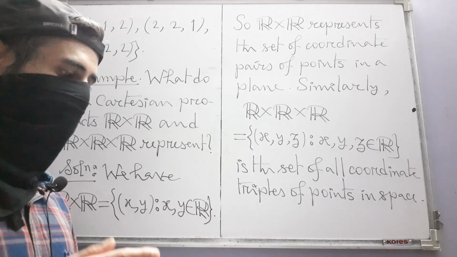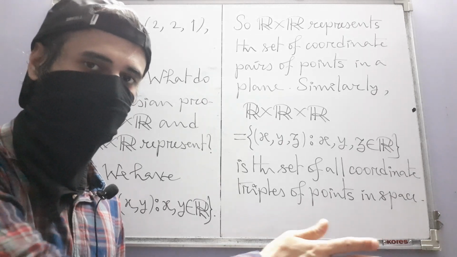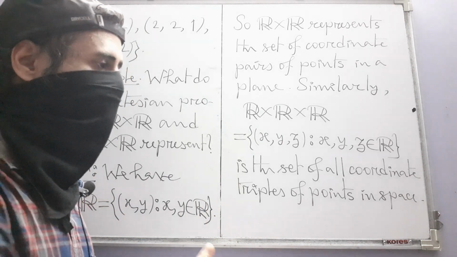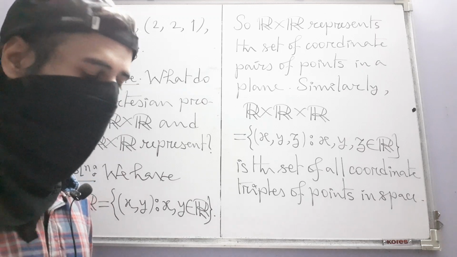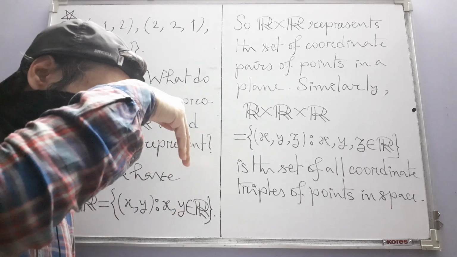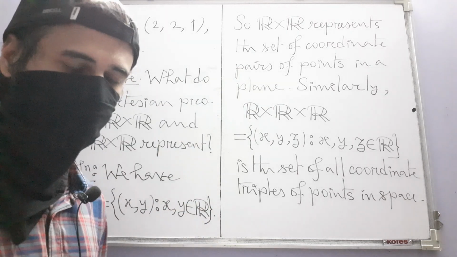Just like you can have a Cartesian coordinate system consisting of an x-axis and a y-axis in the plane, you can have such a coordinate system in space by introducing a z-axis which passes through the origin of that xy system.